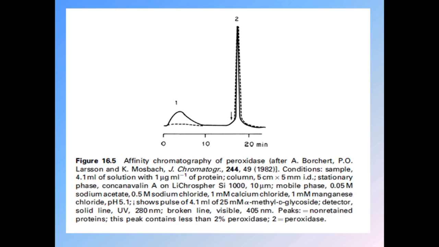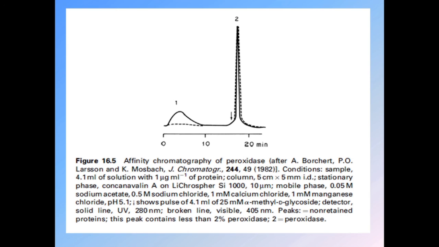stationary phase concanavalin A on LiChrospher SI 1000, 10 micrometer, mobile phase 0.05 molar sodium acetate, 0.5 molar sodium chloride, 1 millimolar calcium chloride, 1 millimolar manganese chloride, pH 5.1, with a pulse of 4.1 ml of 25 millimolar alpha-methyl-D-glucoside.